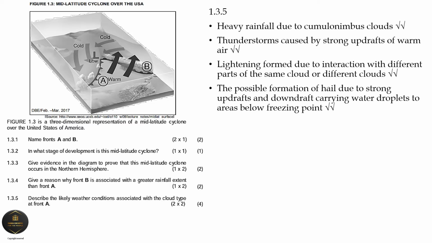The next question wants us to think about a description of the likely weather conditions associated with cloud types found in front A. I think the first step will be to identify the cloud type you'll find at A. So at A, you'll find cumulonimbus clouds, and cumulonimbus clouds are associated with heavy rainfall. Why?